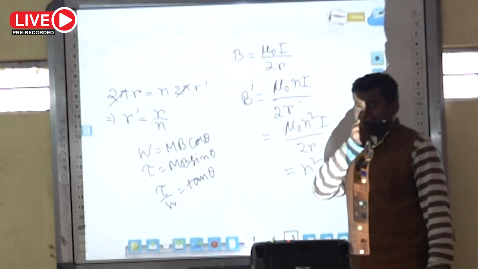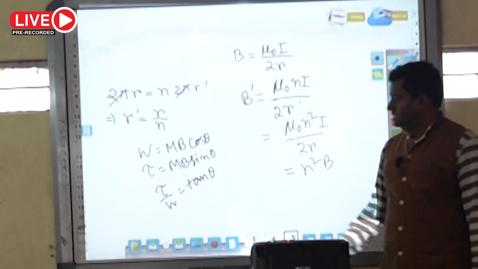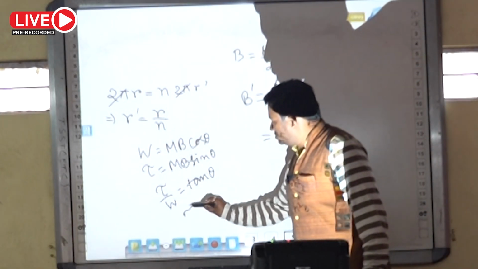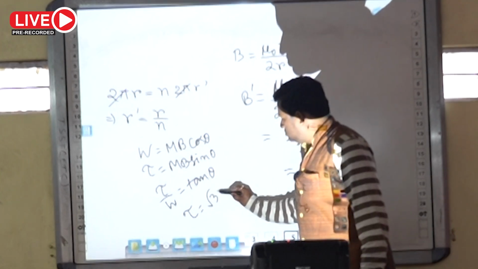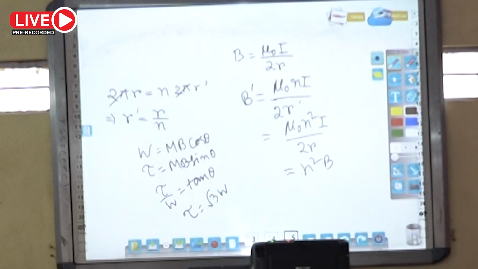Okay, theta is given 60, so tan 60 is root 3, so tau equal to root 3 W. Work done is mB cos theta, torque is mB sin theta.